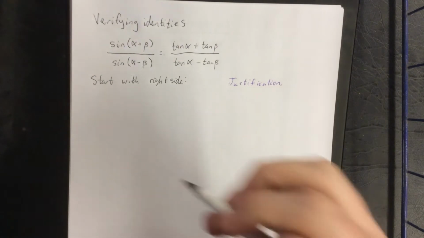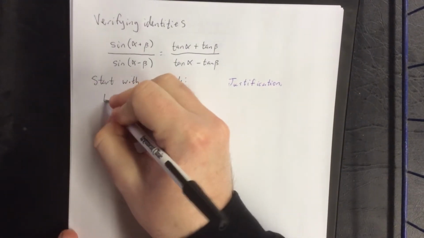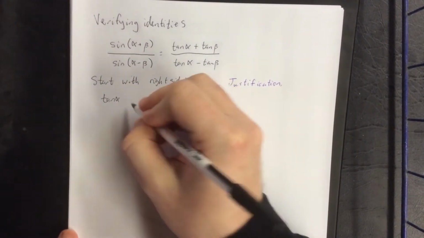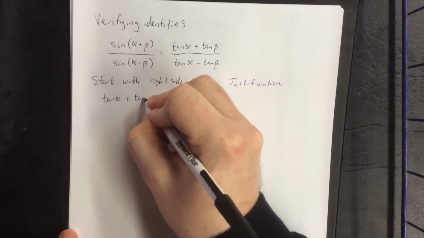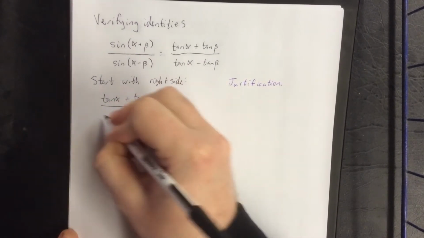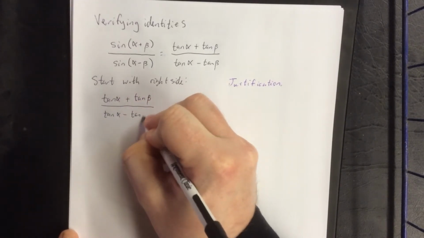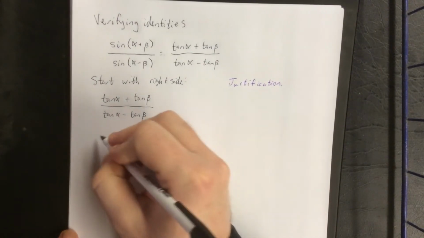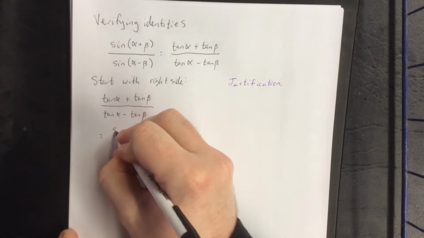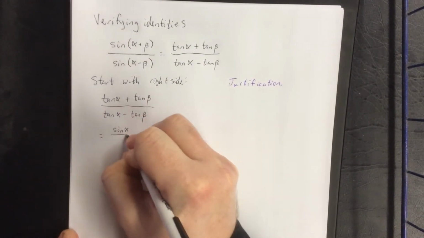So for the right-hand side, I am going to do that thing that I said that I was going to do just a moment ago and start using quotient identities. That is the basic strategy where we try to put everything in terms of the sine and the cosine. So tangent of alpha, we're going to refer to that as sine of alpha over the cosine of alpha.